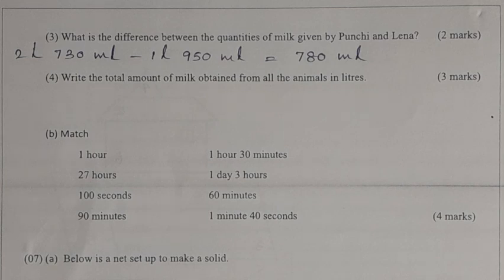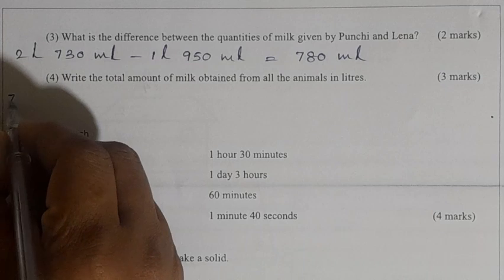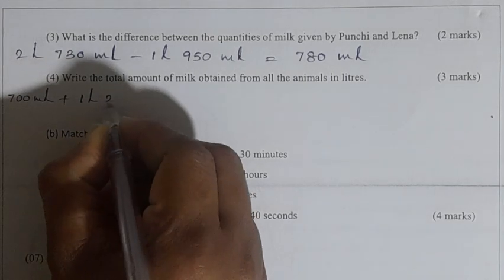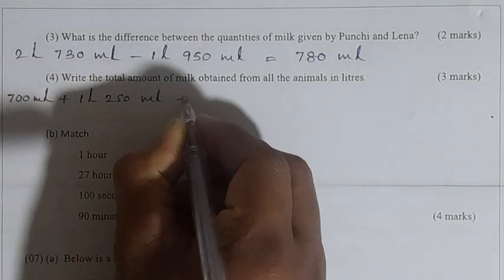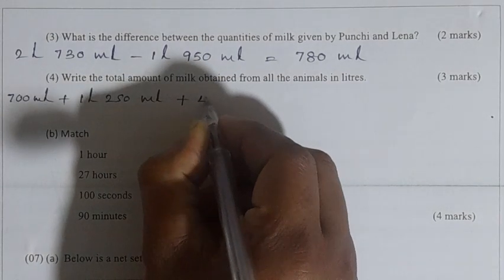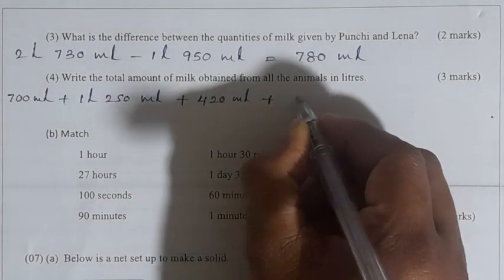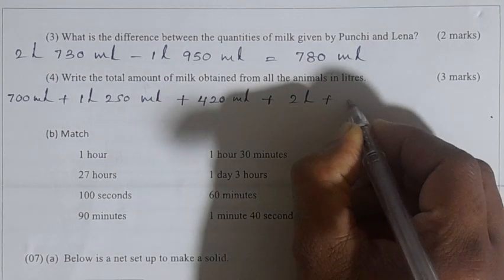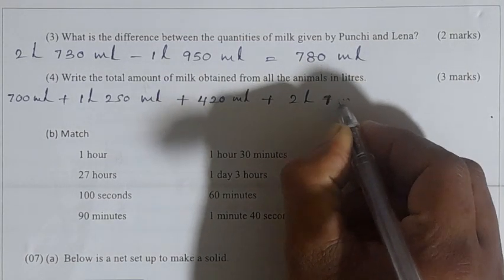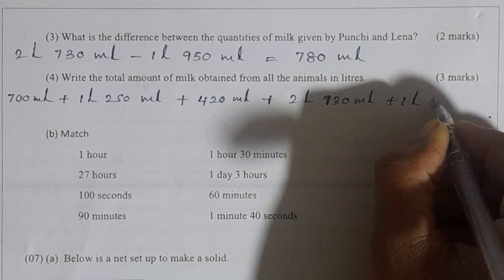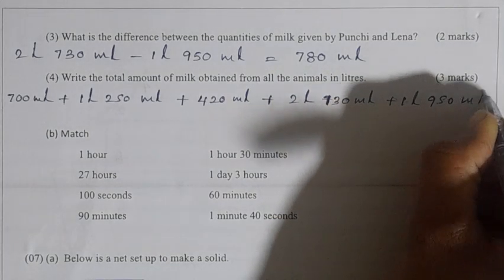For that you have to get the sum of the amounts given by all the cows. 700 milliliters plus 1 liter 250 milliliters plus 420 milliliters plus 2 liters 730 milliliters here plus last one 1 liter 950 milliliters.